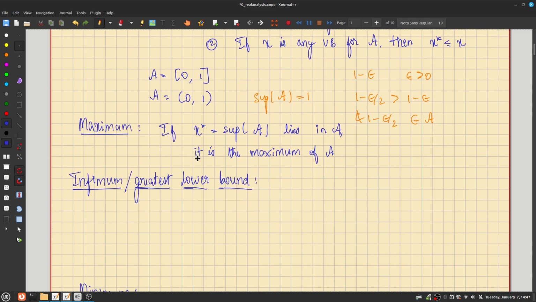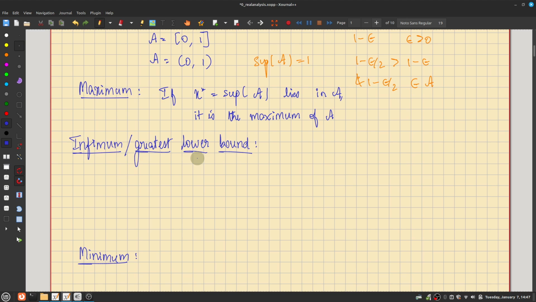Exactly as we define the supremum, we can define the infimum, which is the greatest lower bound. So we say that x star is the infimum of A, which I'll denote by inf of A, if it satisfies the following two properties. Can you tell me what those properties are?